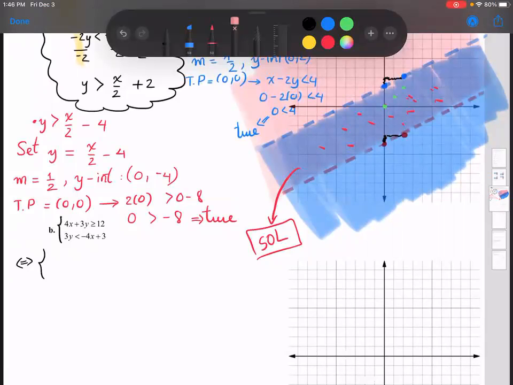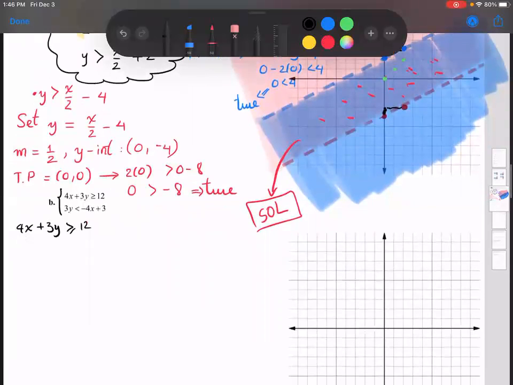Let me do one at a time. I got 4x plus 3y greater than or equal to 12. Subtract 4x. I got 3y greater than or equal to minus 4x plus 12. So far, so good. I just moved the 4x to the right.